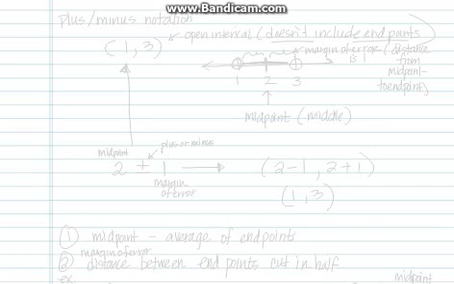We have one other way that we can talk about an interval, and that's through using plus or minus notation. So for example, if I'm looking at this interval 1, 3, which we often will call an open interval, it doesn't include the endpoints.